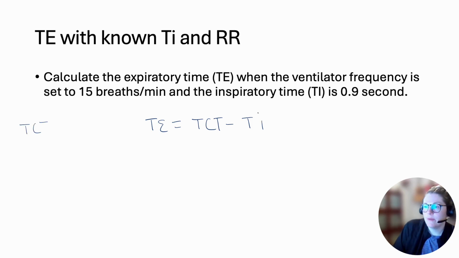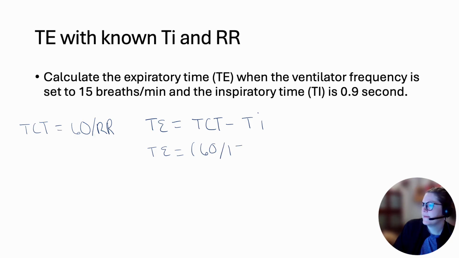So we have to remember, it's an equation within an equation. What is total cycle time? 60 seconds divided by respiratory rate. So let's plug in our information. Our respiratory rate here is going to be 15, and our inspiratory time is 0.9.